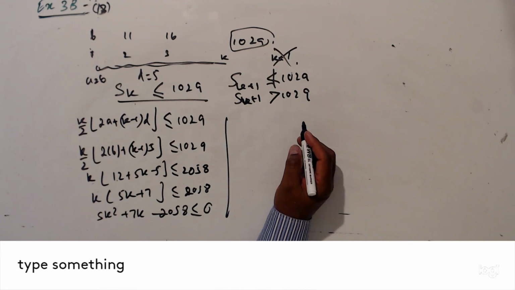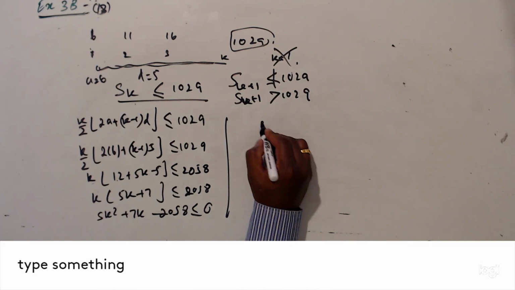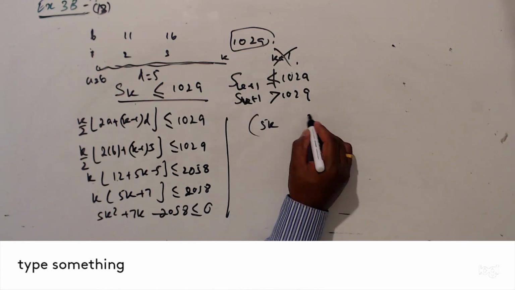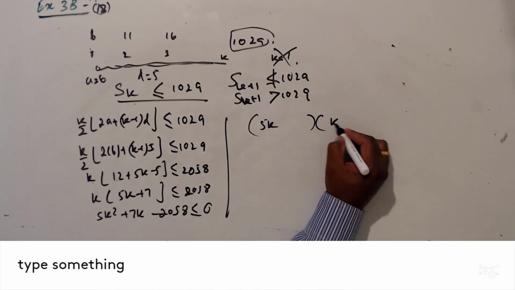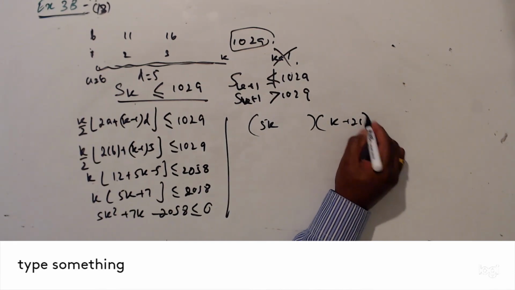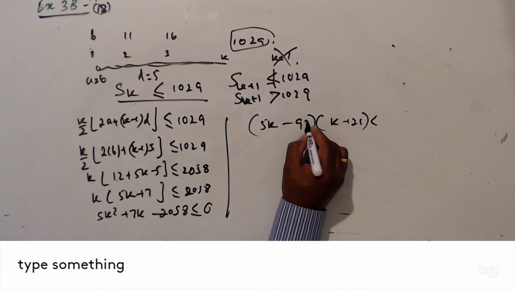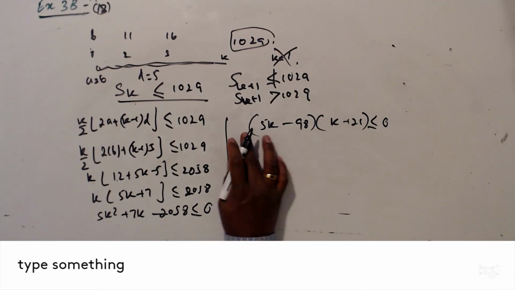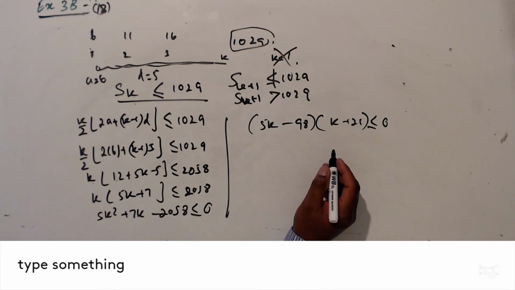We can factorise this as 5k plus 21 and k minus 98, less than or equal to 0.